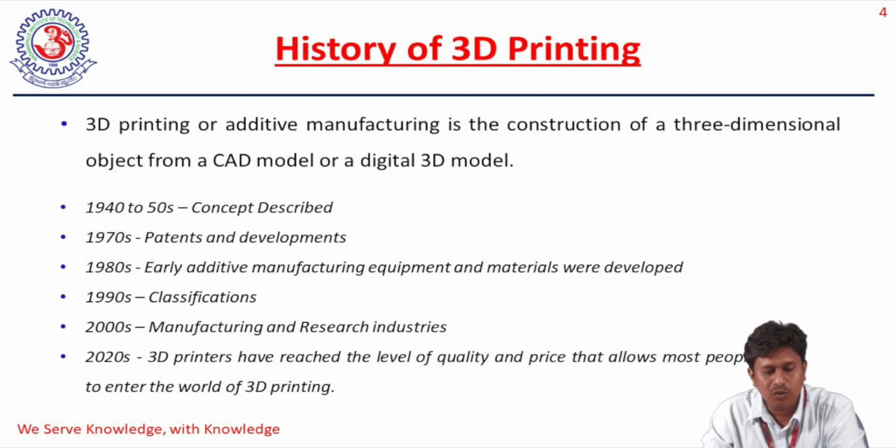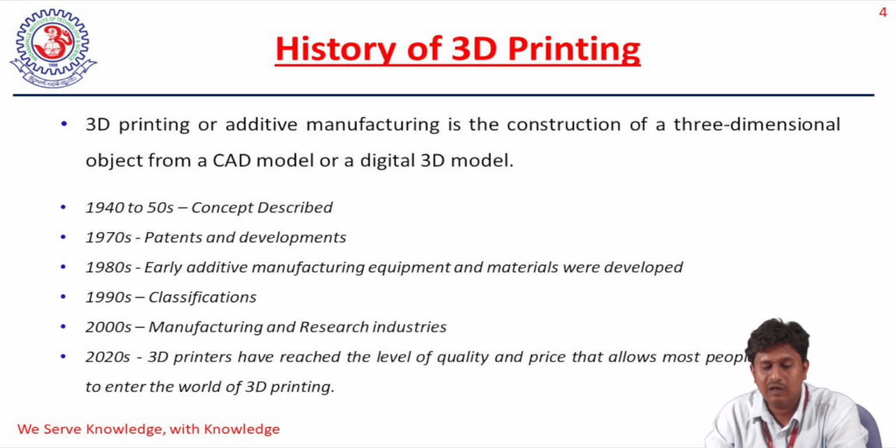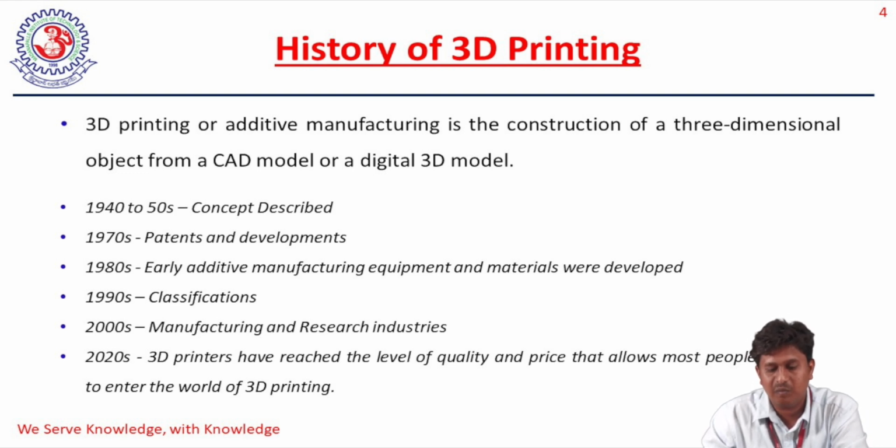And in the 2000s, manufacturing industries and research industries utilized 3D printing technology in production. Now coming to the 2020s, 3D printers have reached the level of quality and price that allows most people to enter the world of 3D printing.